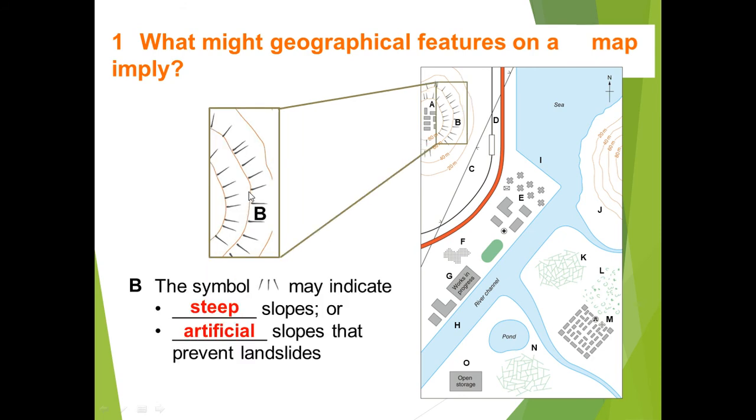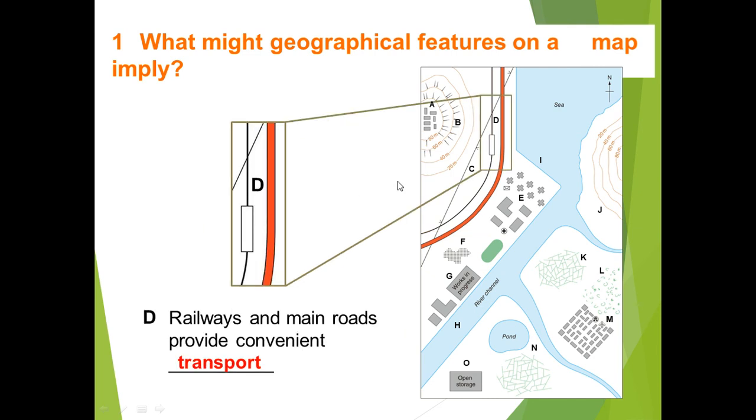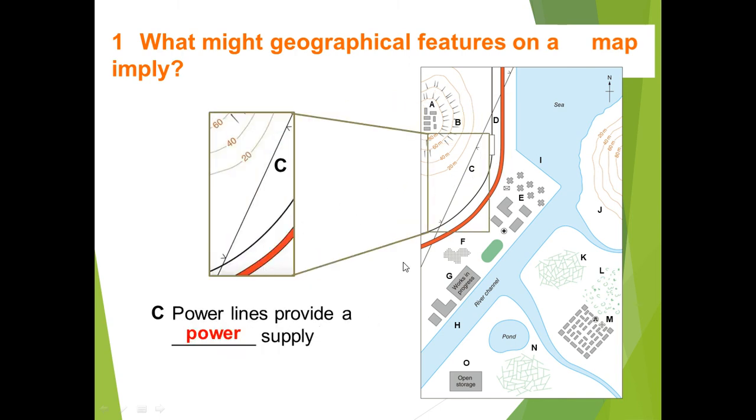Next to location B, there are also locations C and D. For location C, you can find power lines. For location D, you can find a railway station and some main roads. All this information together gives you a further interpretation of the buildings at location A. You can understand that the buildings should be residential buildings, and may even be a high or middle income housing estate, because they are so close to power lines, which means they will have enough electricity supply.